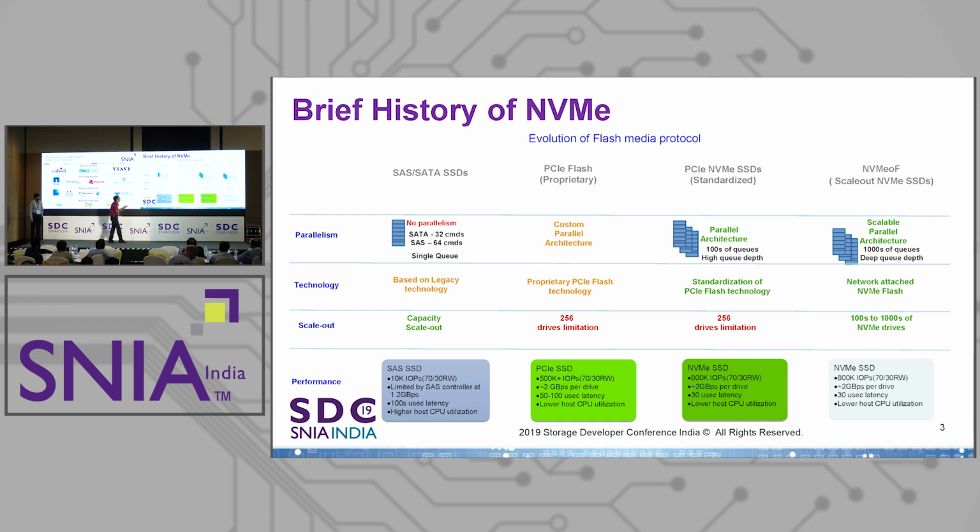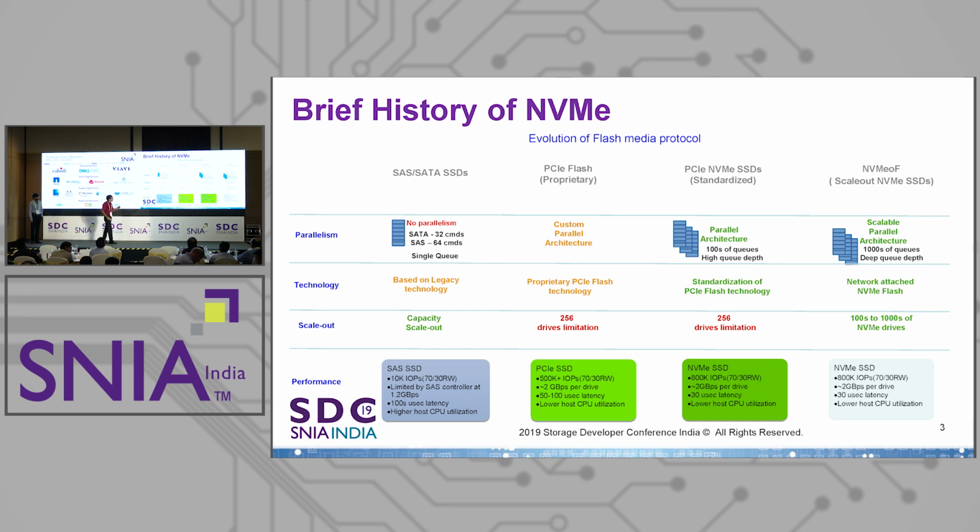The next thing which came was PCI attached SSDs. When we talk about PCI attached SSDs, we know the throughput generated by PCI Express: we have Gen 3, Gen 4, and a number of lanes like x4, x16. These interfaces can deliver more throughput, and we can process a lot of data.